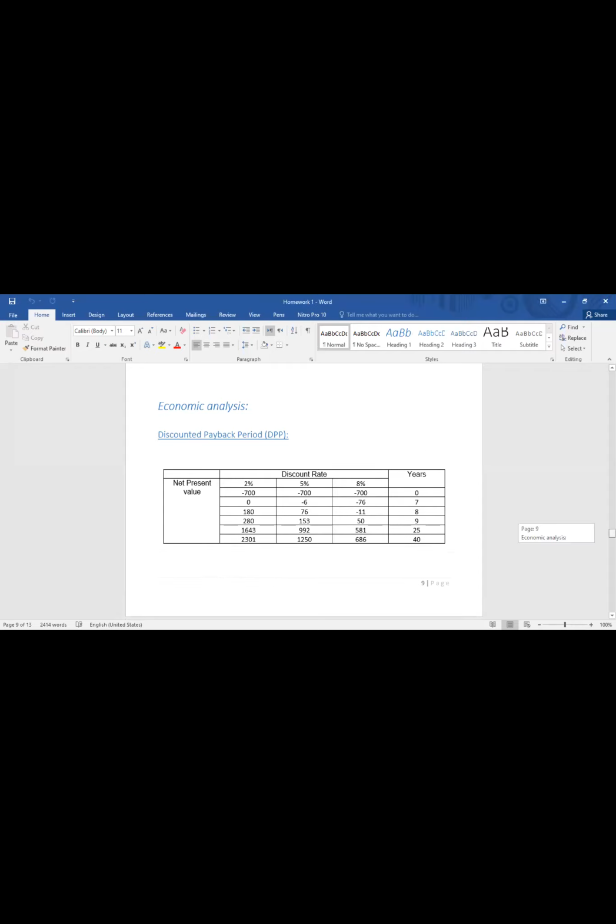In the economic analysis, we designed 3 options, each depending on the discount rate: 2%, 5%, and 8%. For each one in this table, we can see the net present value.